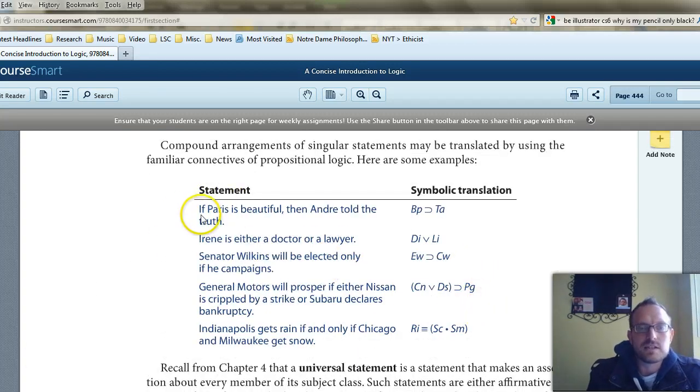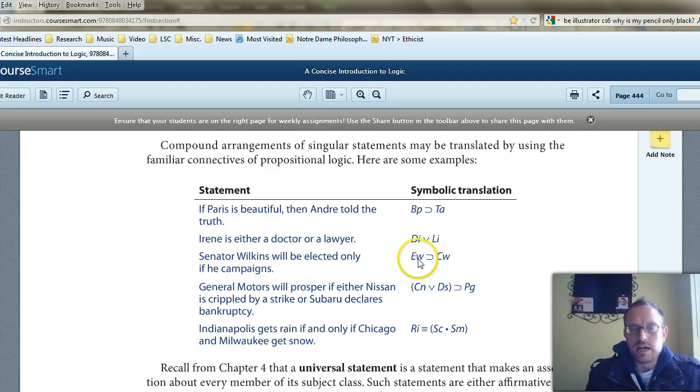So let's get down here to some of these propositional statements. If Paris is beautiful, then Andre told the truth. We already did that one. Irene is either a doctor or a lawyer. So Irene stays the same in both the subjects here, but the predicate changes. Either Irene is a doctor or she's a lawyer: DI or LI. Senator Wilkins will be elected only if he campaigns.